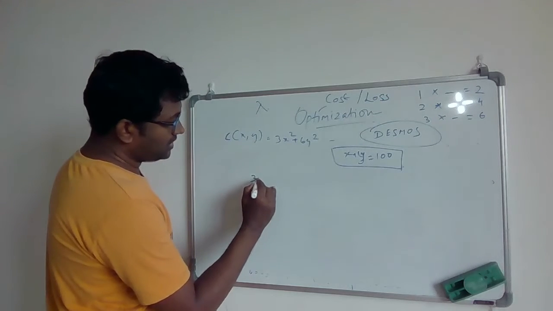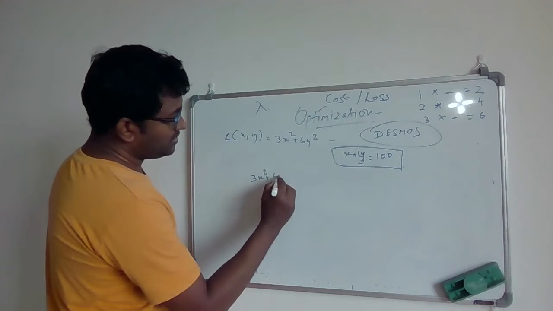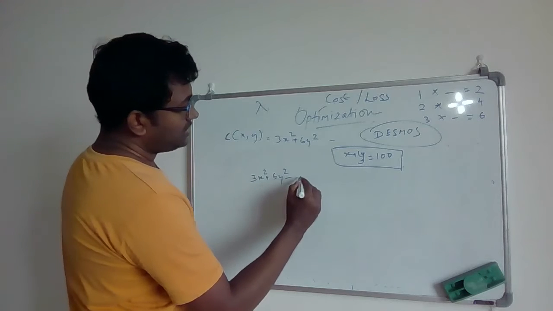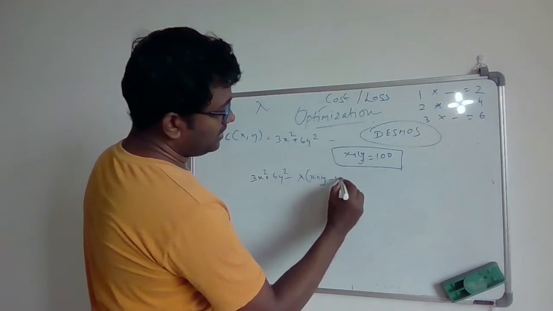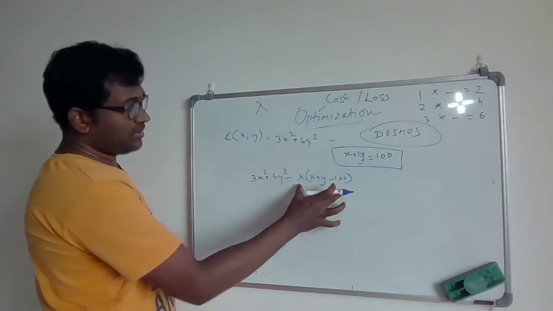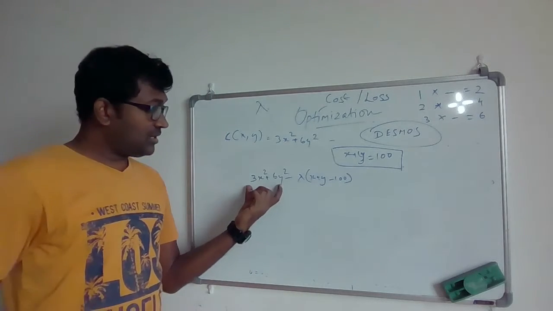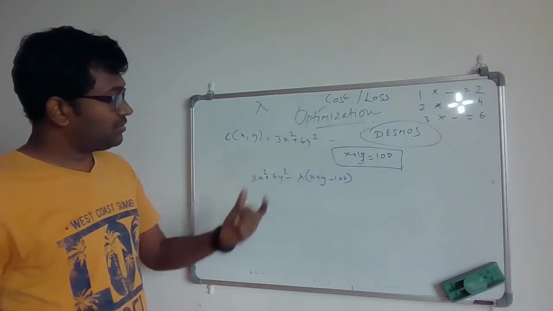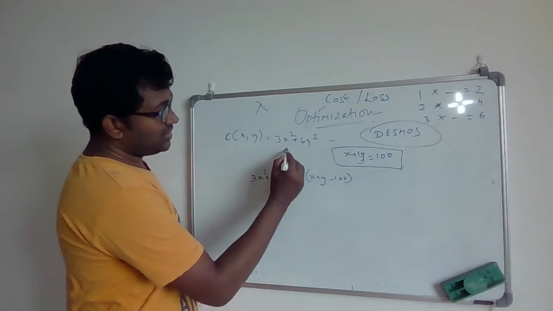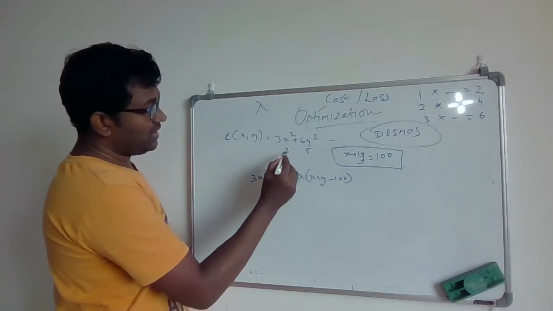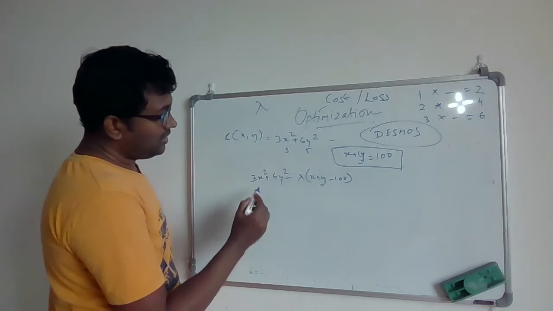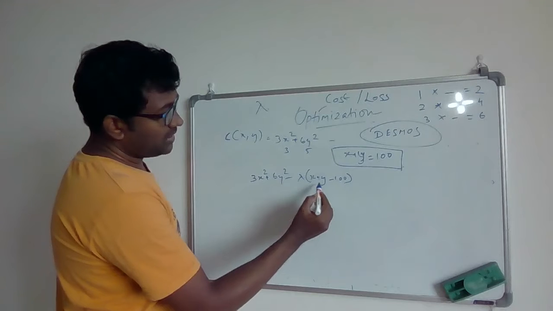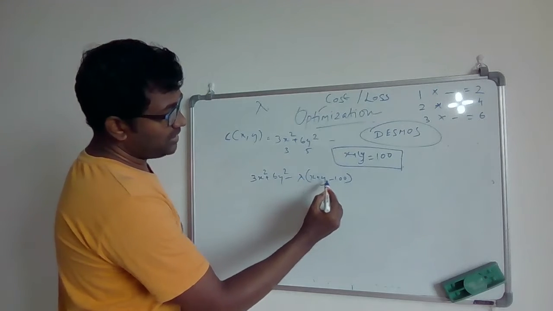So what it says is 3x squared plus 6y squared minus lambda of x plus y minus 100. We are trying to find the optimal cost for manufacturing these two cars. x is the 3 series, y is the 5 series, and the cost of manufacturing is given here, and we are trying to find it with the constraint of x plus y is equal to 100.